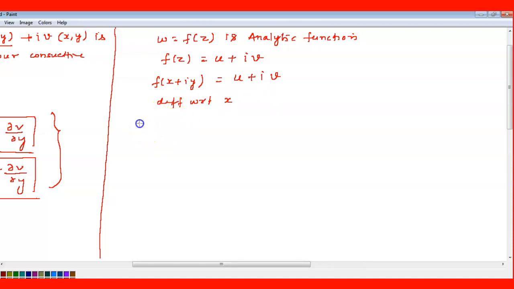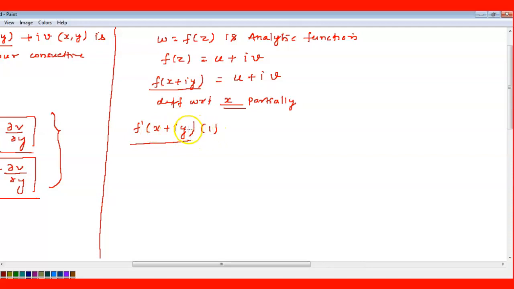So we can write f dash of x plus iy, and inside, the differentiation of x is 1 and of y is 0, because we are differentiating partially with respect to x.